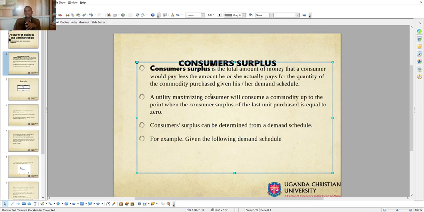But you can reach the market and find good news, if I may say: the prices are lower than you expected. Then you gain, and that gain is what you call the consumer surplus. This is the amount of money the consumer would pay less than he or she actually pays for the quantity of the commodity purchased.